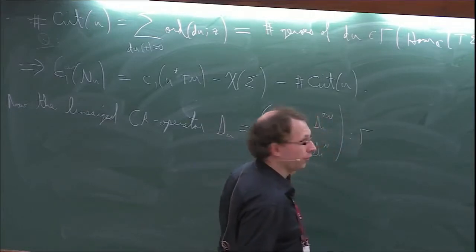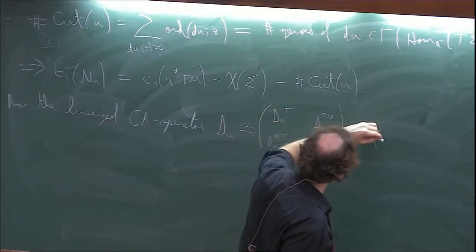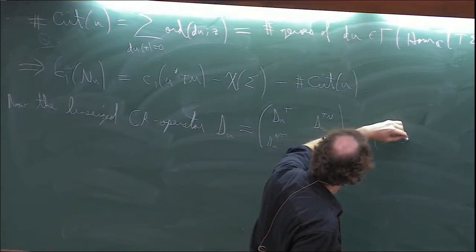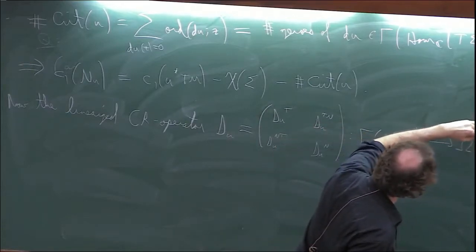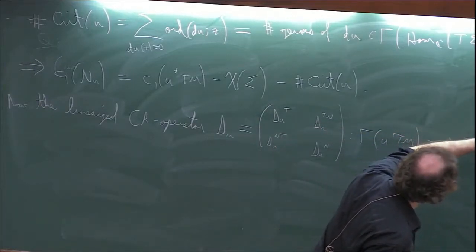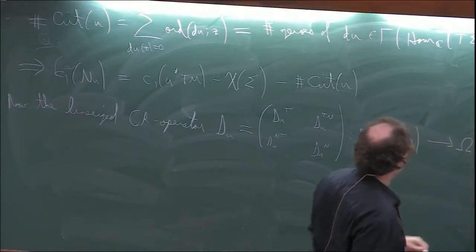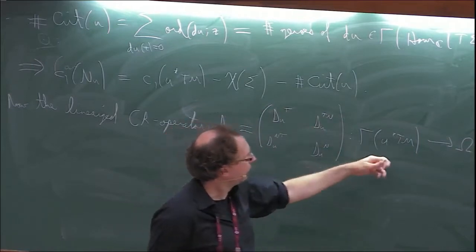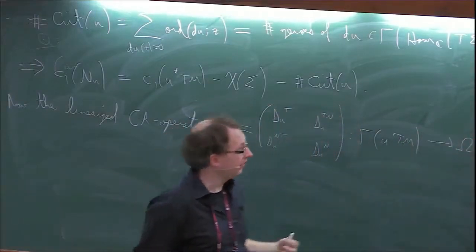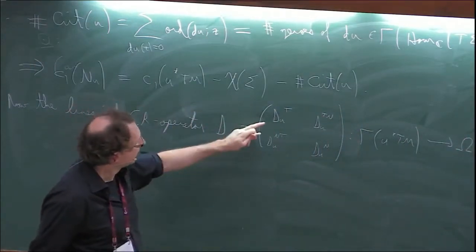So that is a first order differential operator taking sections of u*TM to (0,1)-forms on Sigma with values in u*TM. But I split u*TM up into those two pieces on both sides, and then I get this block form.